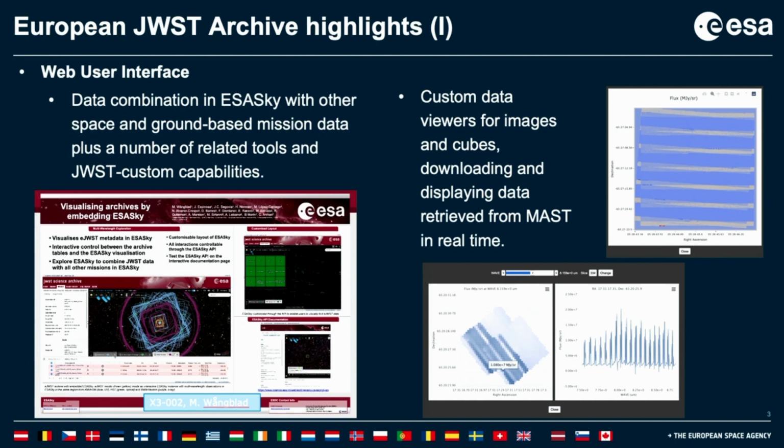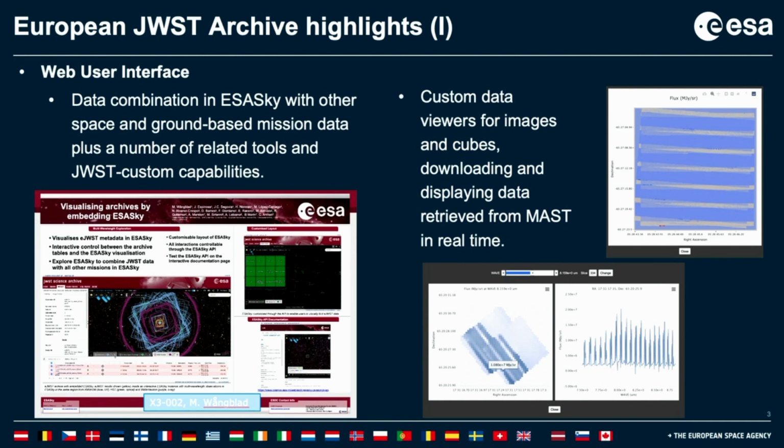The eJWST archive will become part of the set of the observations available to users. This allows the linkage between JWST data and data from other ESA missions, and is an alternative access point to JWST data. In ESASky, it is possible to overlay footprints from planned and existing JWST observations on top of images from different observatory missions, including, for instance, Hubble and Spitzer.